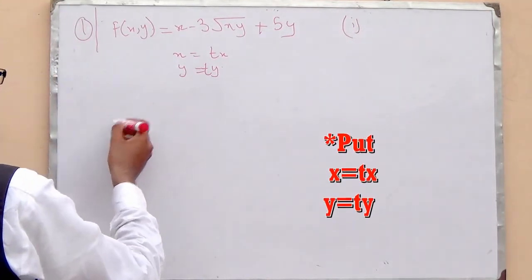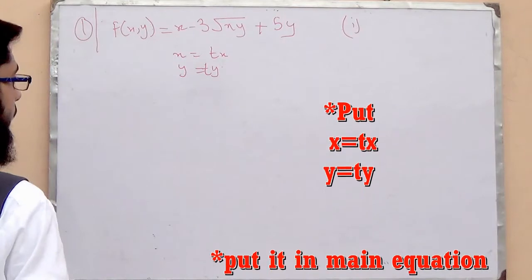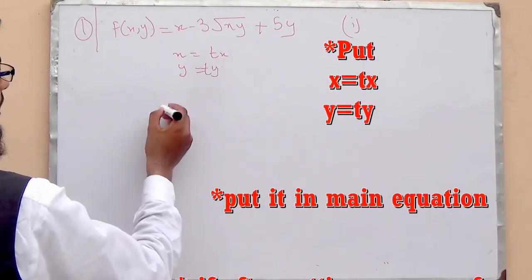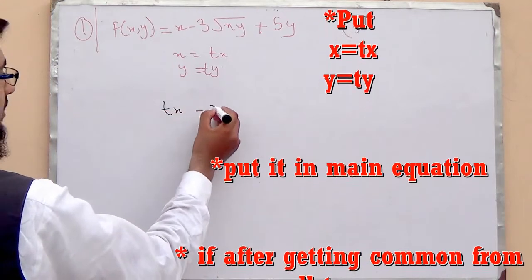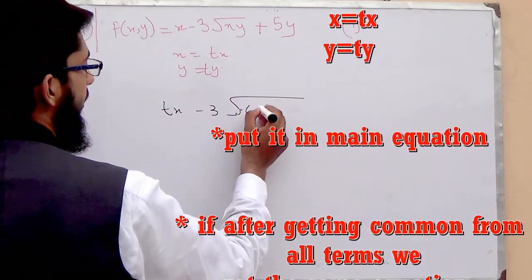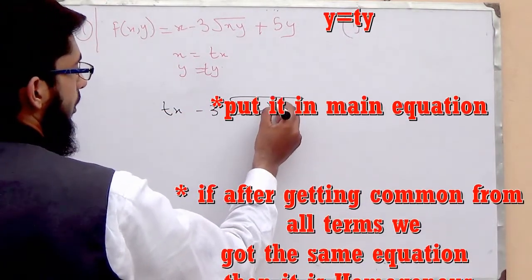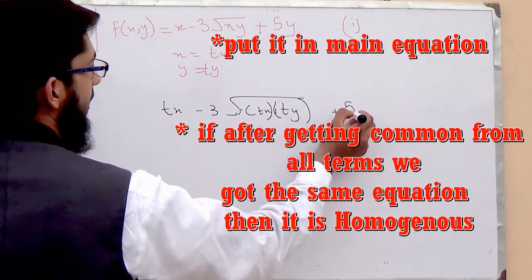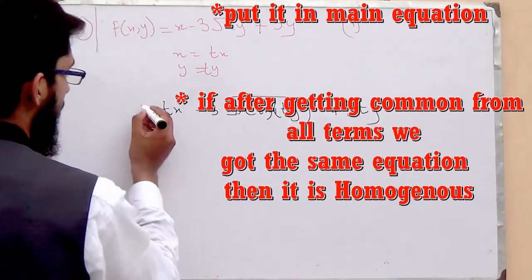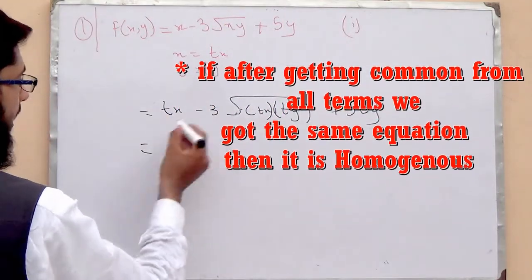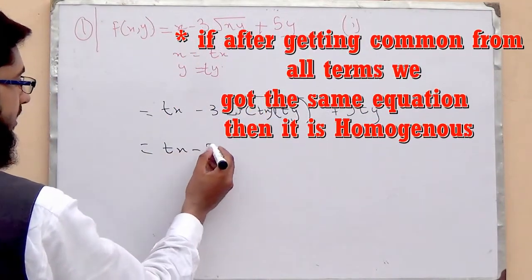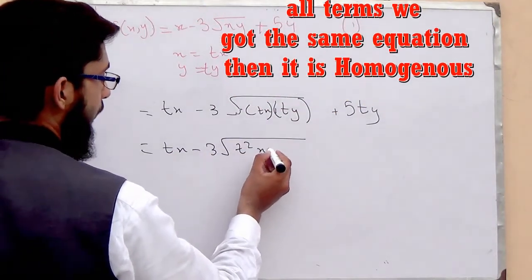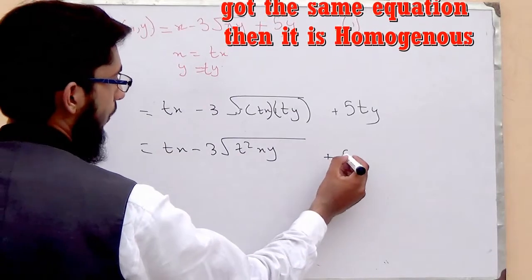We will get x is equal to tx, tx minus 3 under root tx times ty plus 5 ty. Simplify it, we will get the equation tx minus 3 t square xy plus 5 ty.